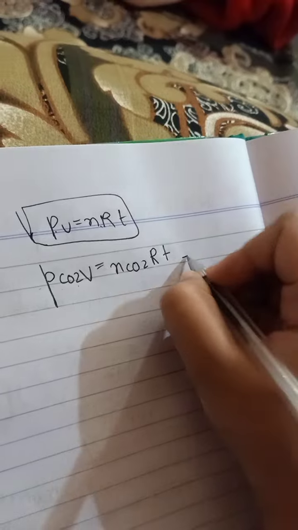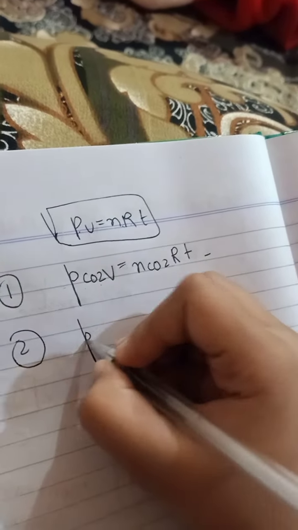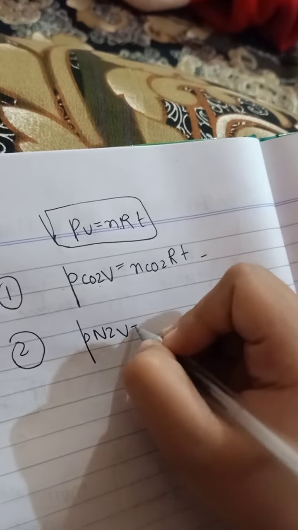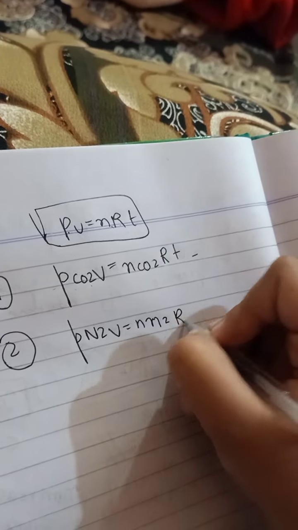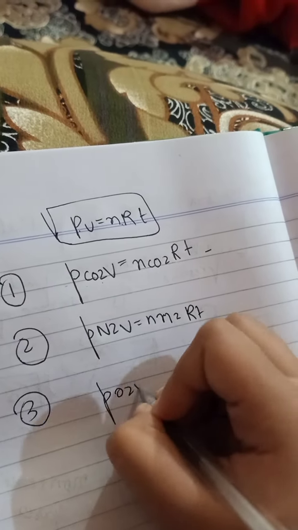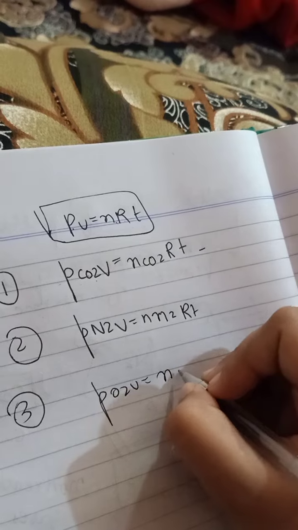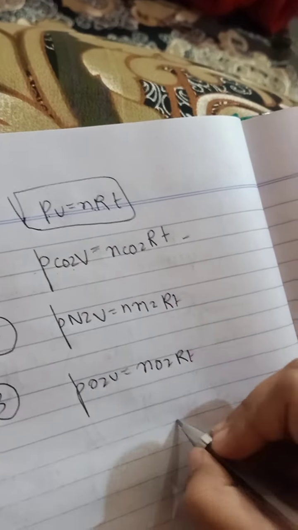Second, P V = n(N2) RT. Third, P V = n(O2) RT, number of moles.